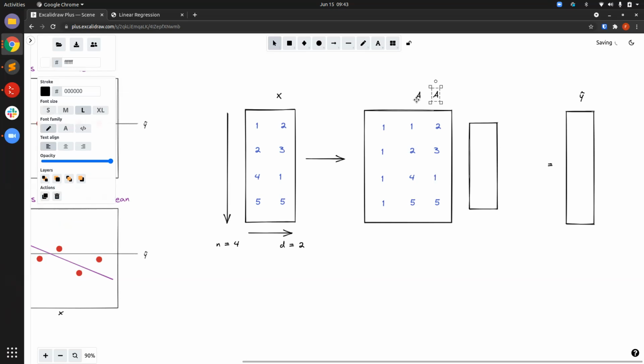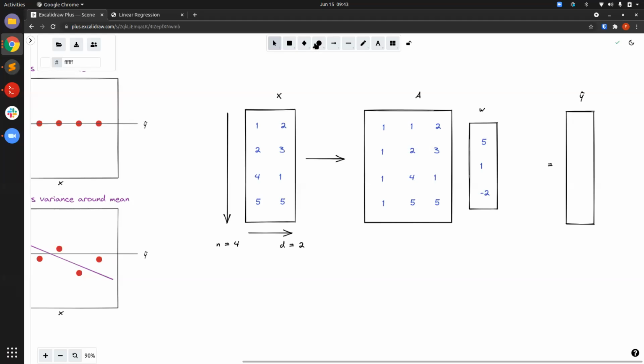But that's fine, it doesn't matter. I just know that I need 3. Okay. Now, a little bit later today, we'll talk about how to actually find the best weights. But for now, let's just say my weights are 5, 1, and -2.